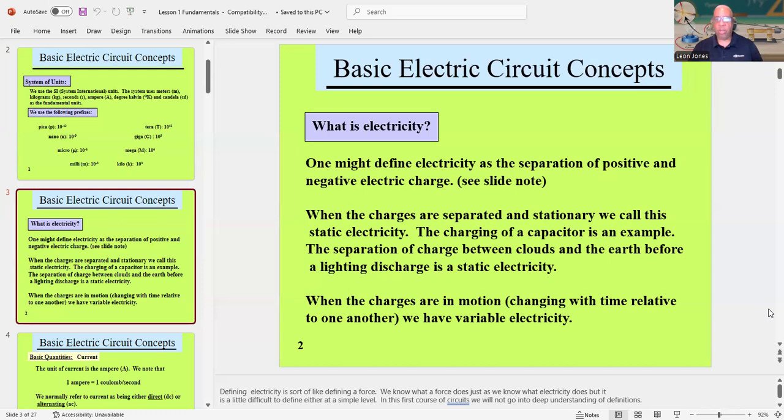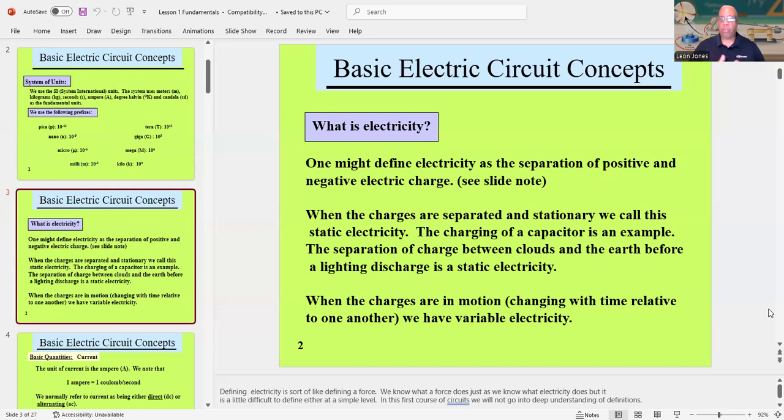The charging of a capacitor is an example. The separation of charge between clouds and the earth before a lightning discharge is known as static electricity. Again, when the charges are separated and stationary, we call this static electricity.